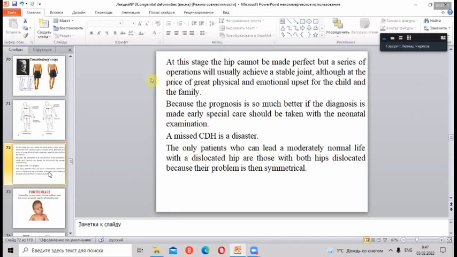The missed congenital dislocation of the hip is a disaster. The only patients who can lead a moderately normal life with a dislocated hip are those with both hips dislocated because the problem is then symmetrical.